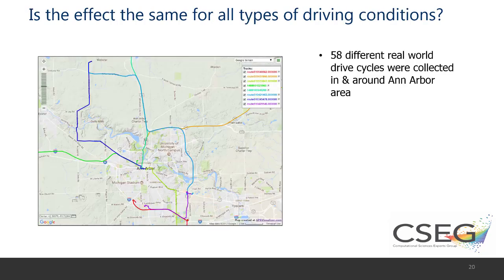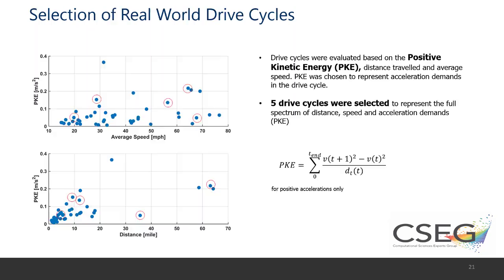So with that drastic drop in heat loads, we asked ourselves the question, well, is this effect just for that drive cycle that we picked, or is it actually prevalent across multiple drive cycles? And is it representative of, in general, driving? So in summer of 2016, CACG collected about 58 real-world drive cycles in Michigan, in and around Ann Arbor. And we picked a few of these drive cycles to evaluate the effect of this cab driver.